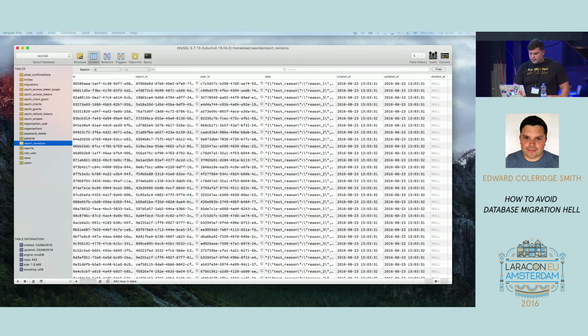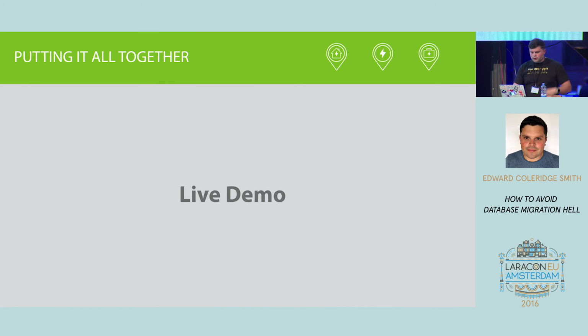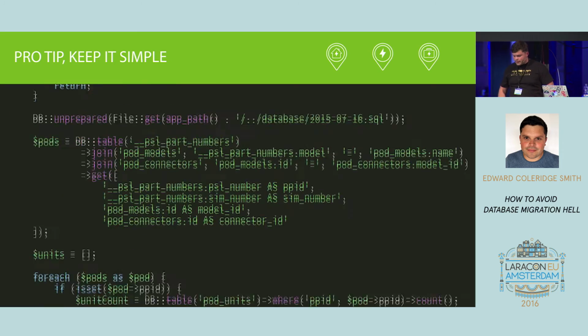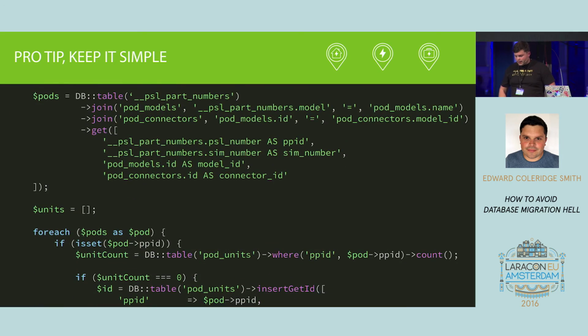Okay, let's get the slides back on. Okay, and one more thing, one more mistake that we made. We made some of our seeds and our migrations very, very complicated. This is just, I don't even know what this is doing, actually.